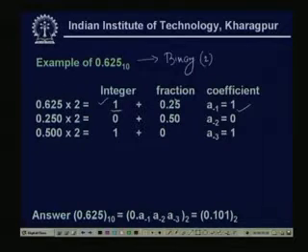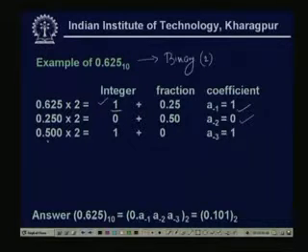Now I take the current fraction, that means 0.25. So 0.250, again I will multiply by 2. So it will be 0.50. So the integer is 0, the current fraction is 0.5. So my a minus 2, the second position coefficient, is 0.